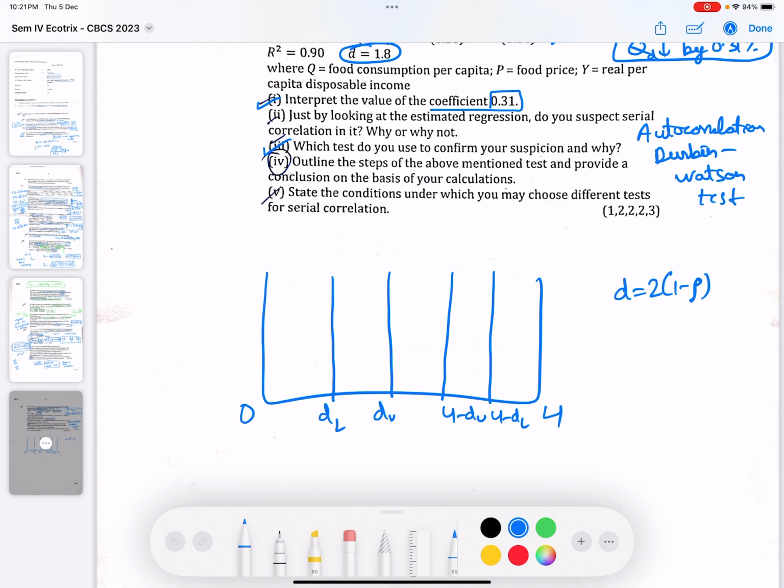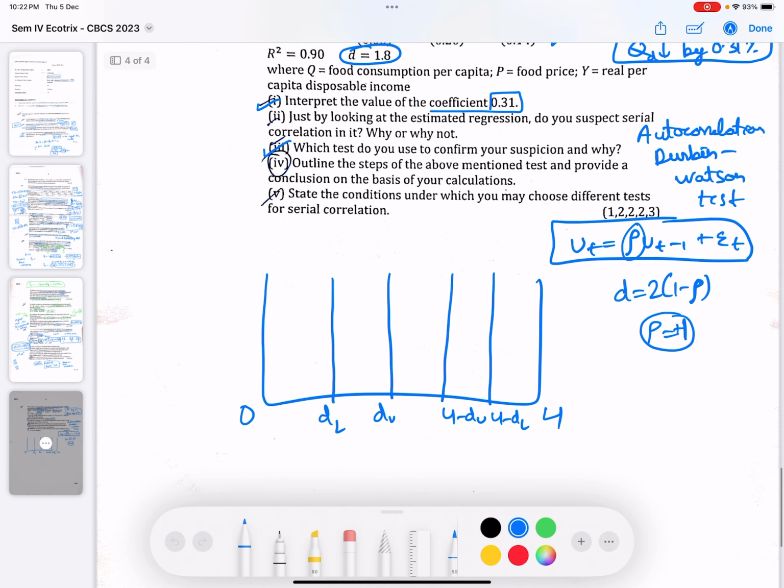Rho is the coefficient denoting how the error term is correlated with the error term of the previous period. Now if rho is exactly equal to 1, that is, they are positively correlated, d would take a value close to 0.